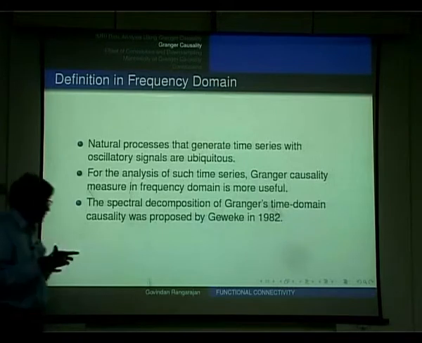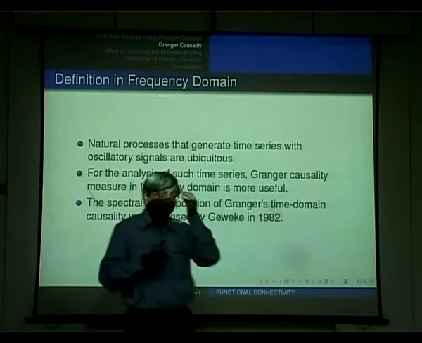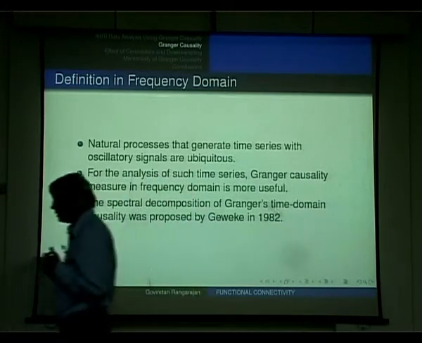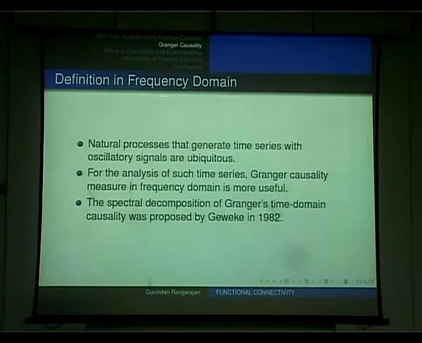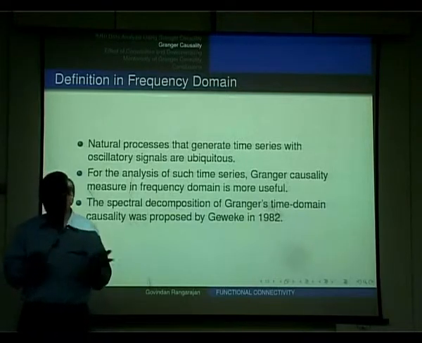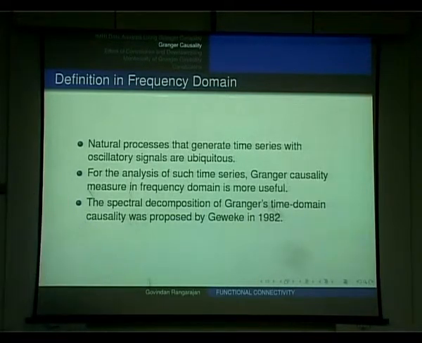Next, we'll look at Granger causality in the frequency domain. Many natural processes are very interesting to look at from a frequency component viewpoint. For example, in signals recorded from the brain, you may be looking at alpha rhythms, beta rhythms, theta rhythms, whatever.